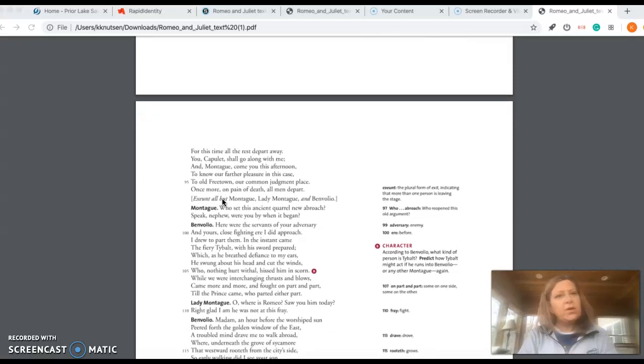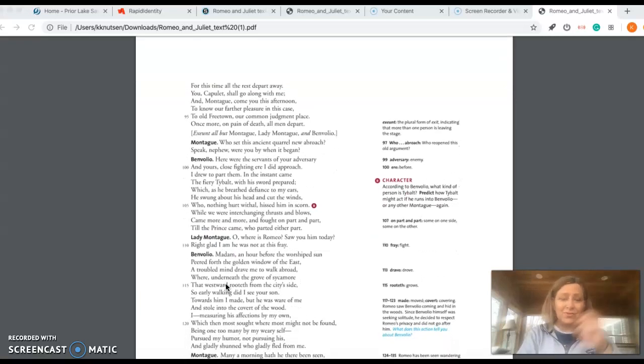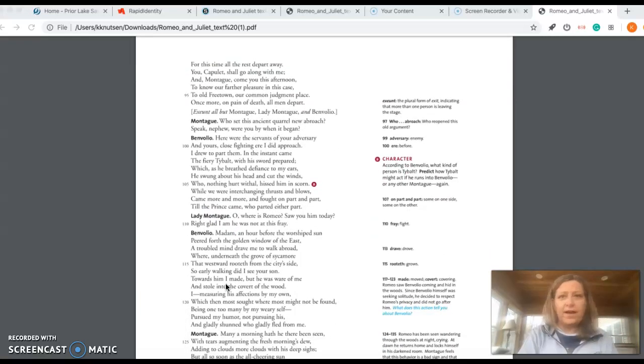Speak, nephew. Were you by when it began? Were you there, Benvolio?" And right here, in lines 99 through 108, Benvolio basically summarizes everything that happened. I tried to break it up, and Tybalt came in, wielding his sword, and went from there.